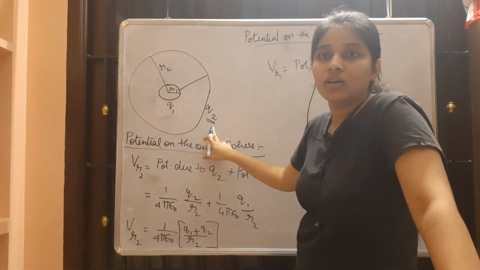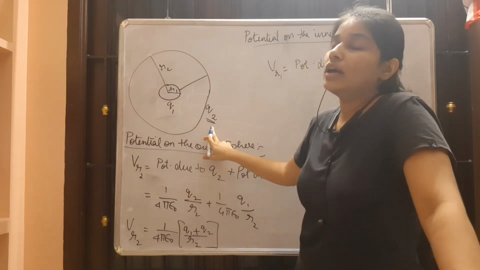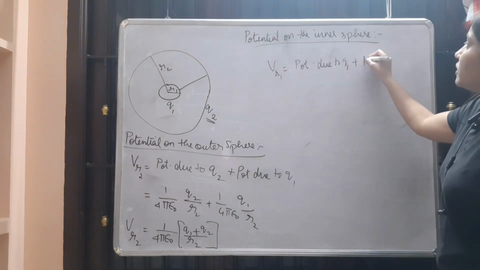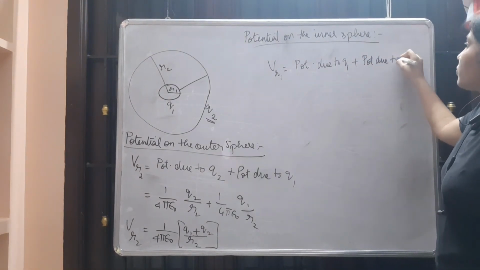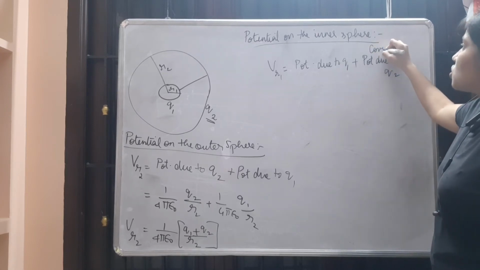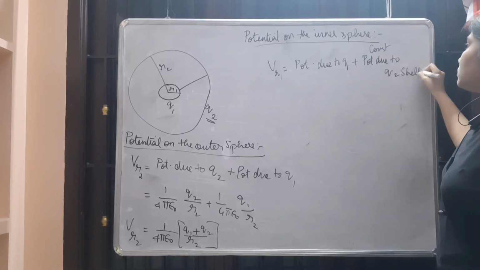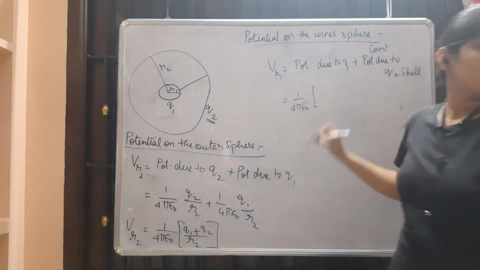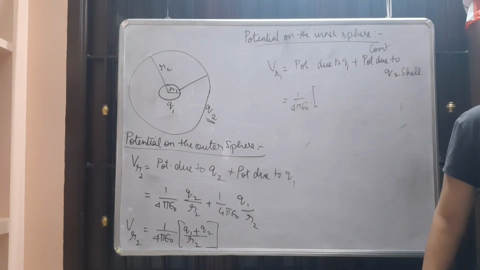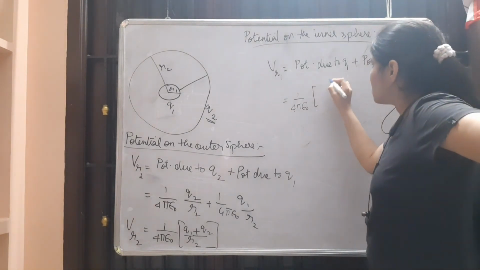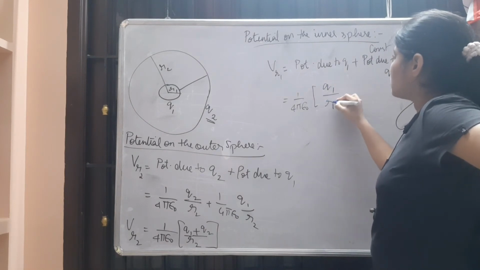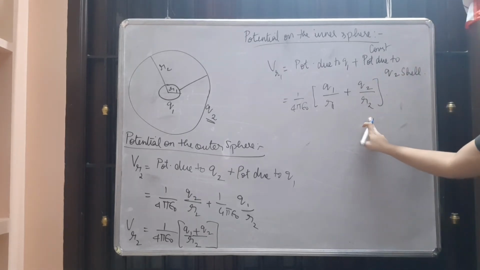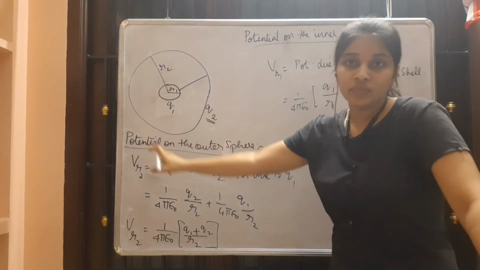This you have studied in the hollow shell derivation. So potential due to Q1 plus the constant potential due to the Q2 shell. So this will be 1 by 4 pi epsilon naught, taking it common, Q1 by R1 plus Q2 by R2.